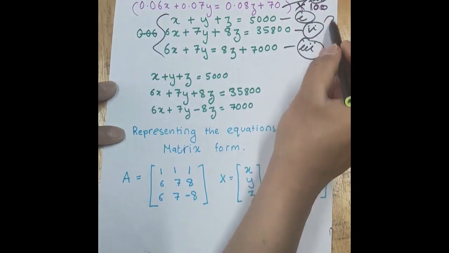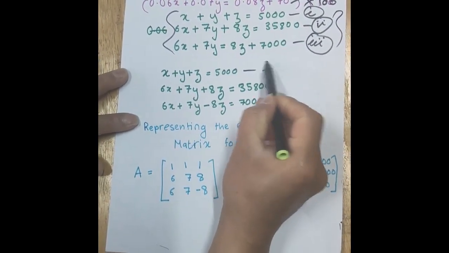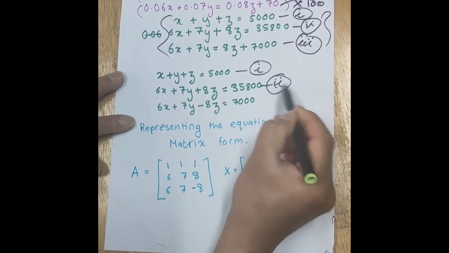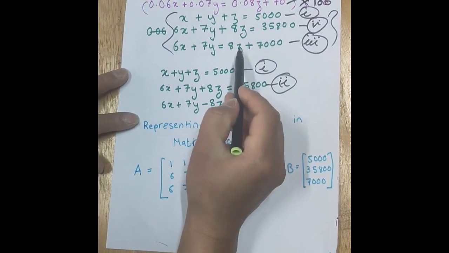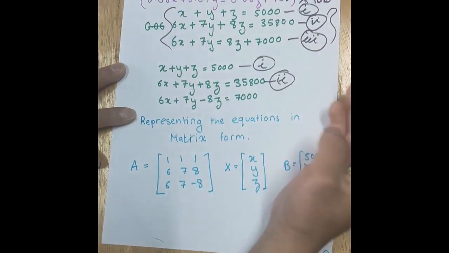So you can simplify these three equations further. You can keep equation 1 as it is, and equation 2 as it is. Whereas when it comes to the third equation, you can take the variables on the variable side of the equation and keep the constant on the constant side.